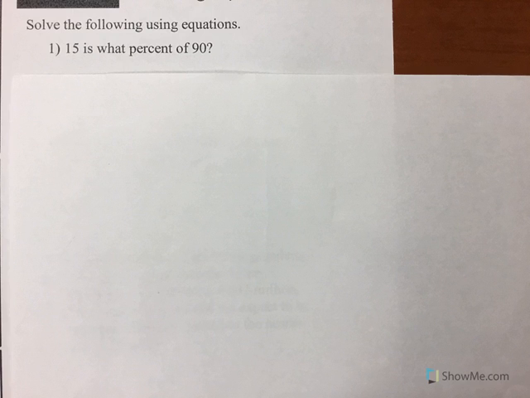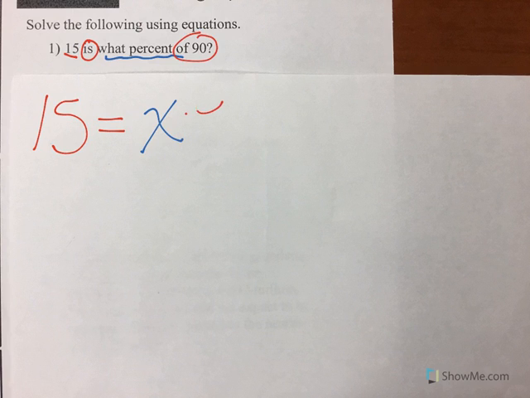15 is what percent of 90? Well, these you might want to try on your own. Pause it, get the problem, pause it, try to figure it out, and then come back and watch the explanation. Okay, so we go left to right. 15 is, now I have what percent? There's my x multiplied by 90. So remember, equal sign splits it in two ways.